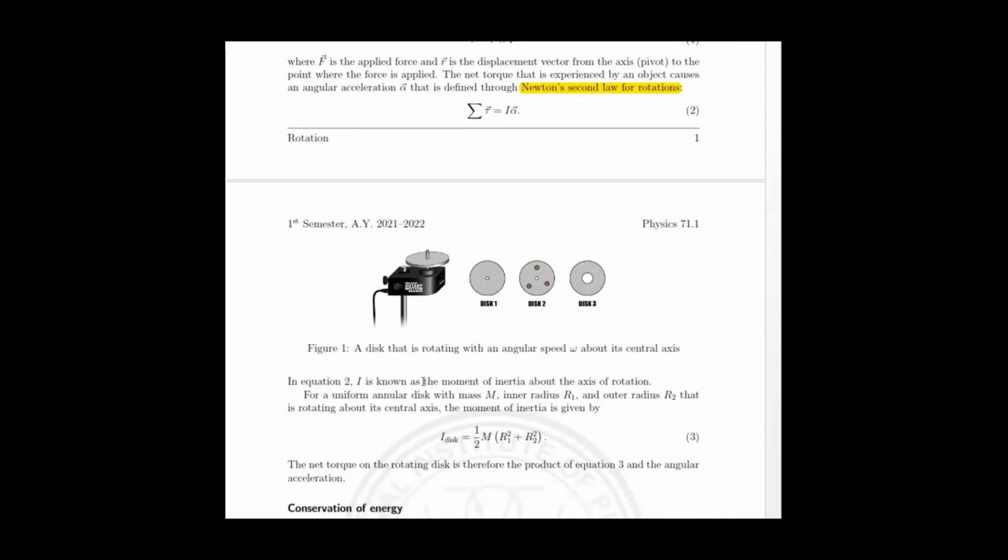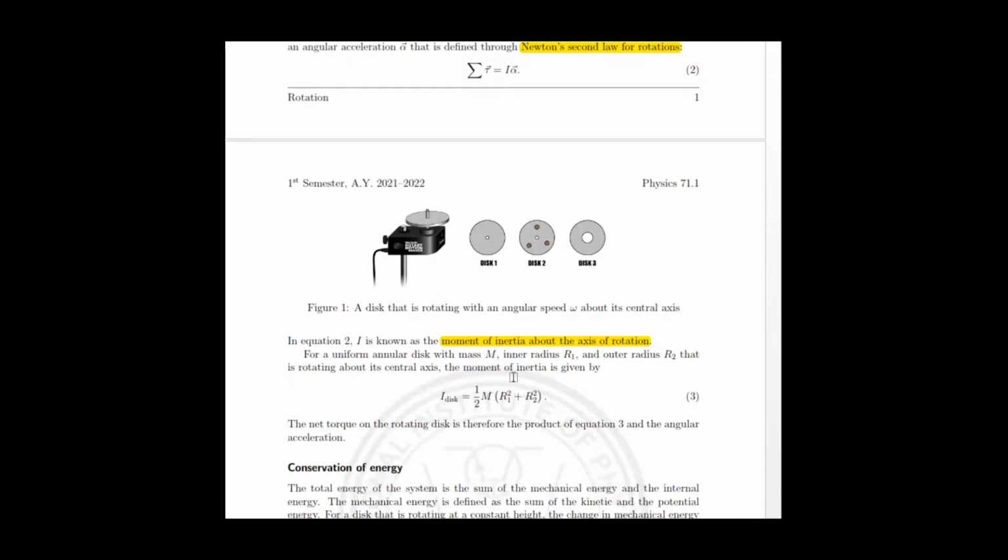So yung I naman is the moment of inertia about the axis of rotation. The moment of inertia is the tendency of an object to resist rotational motion. It's the rotational analog to mass. So, ang moment of inertia ng isang spinning object ay dependent upon its shape.